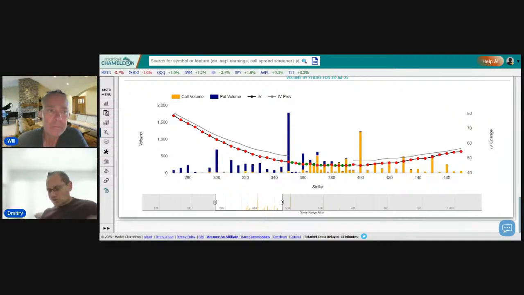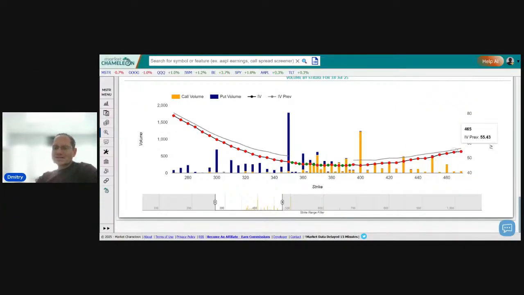The other thing on this plot, before we interpret it, is it shows us the change from the previous day. This gray line is where the implied volatilities were the previous day. This other line with the dots is where the implied volatility moved to, where it's currently.